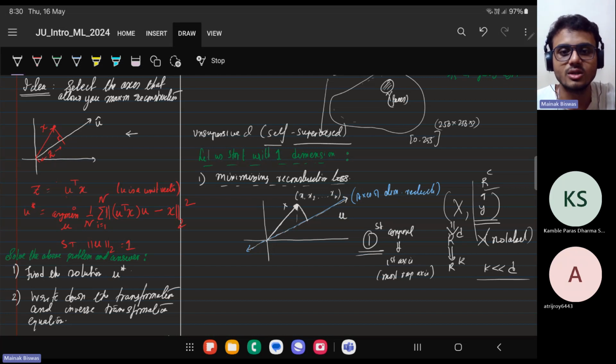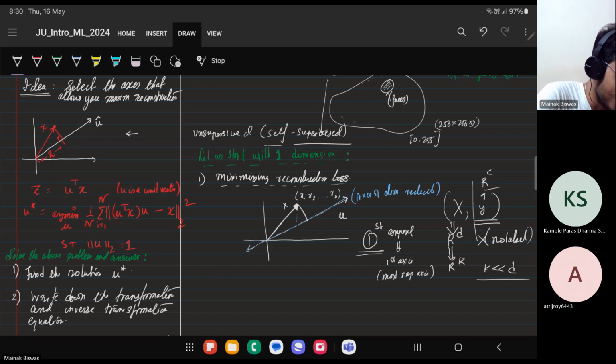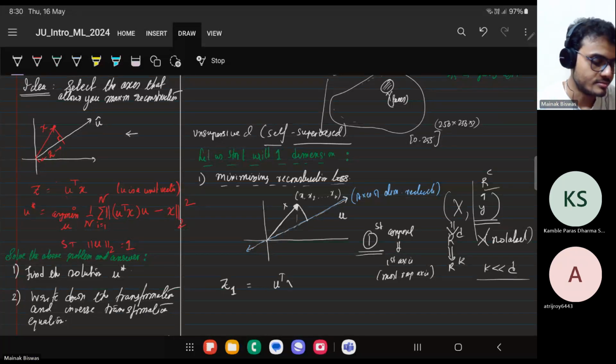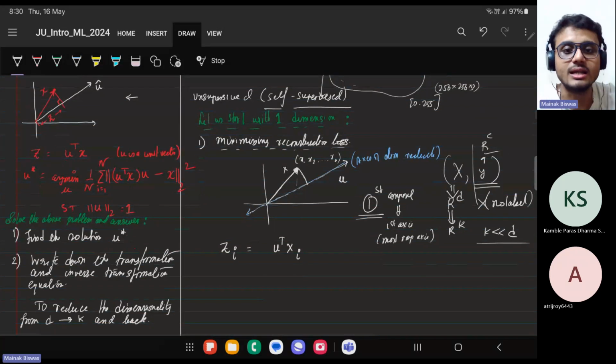What is the component of x on u? x transpose u. Good. So z_i would be u transpose x_i. For each data point, I'll get this. Do you agree?